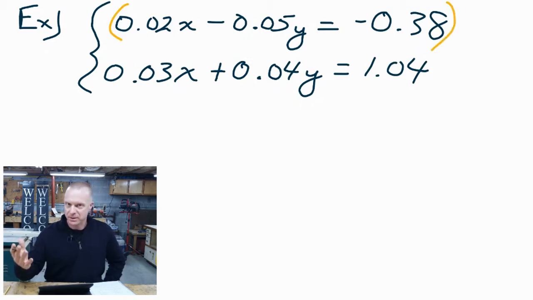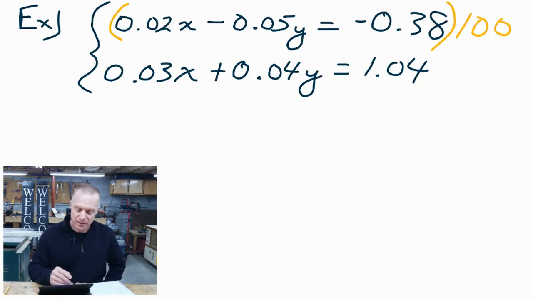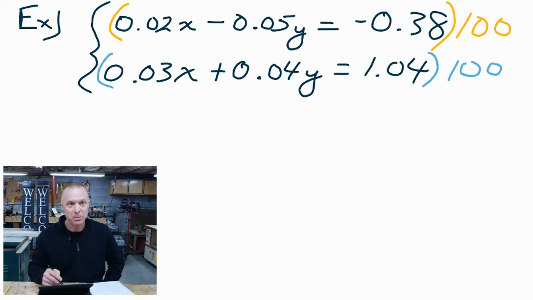It's a great opportunity to remember that if you move the decimal 2 places, you're not going to have decimals anymore. So multiplying by 100 is a perfect way to move the decimal 2 places.